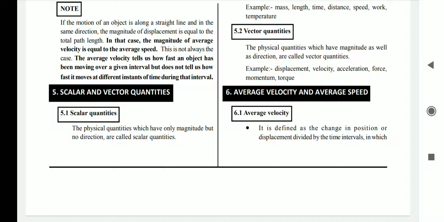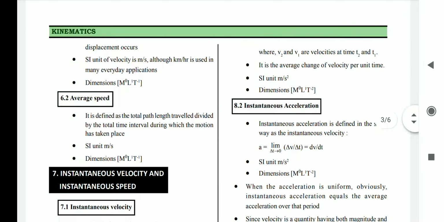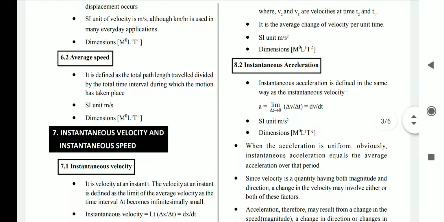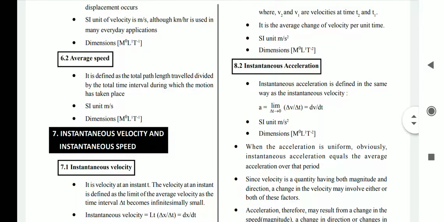Now, let's discuss average velocity and average speed. Average velocity is defined as the change in position, or displacement, divided by the total time. The SI unit for speed or velocity is meter per second, and the bigger unit is kilometer per hour.